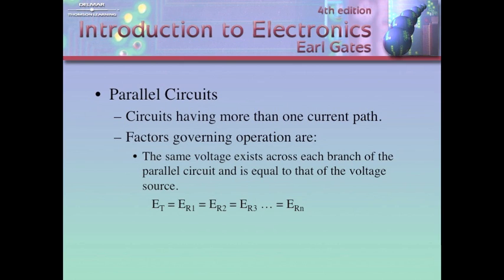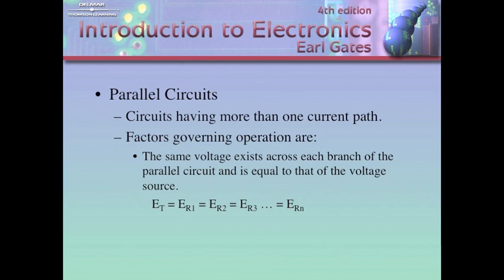Parallel circuits are circuits having more than one current path. A factor governing their operation is that the same voltage exists across each branch of the parallel circuit and is equal to that of the voltage source. Total voltage is equal to the voltage drop of resistance 1 plus the voltage drop of resistance 2 plus the voltage drop of resistance 3.